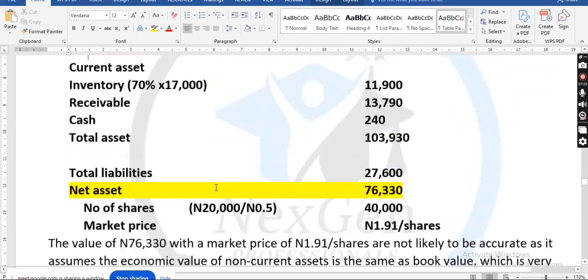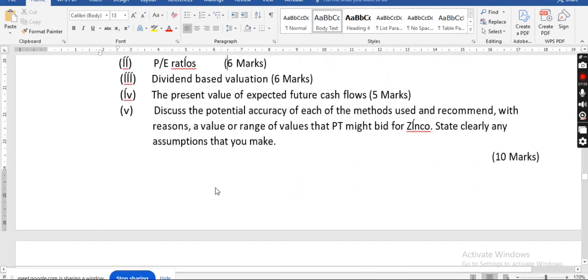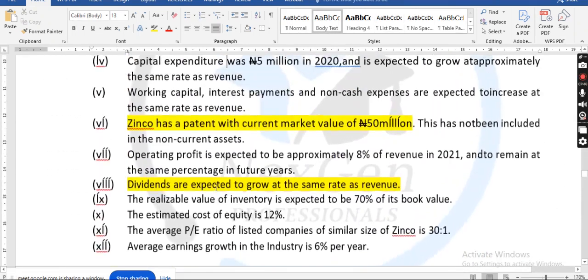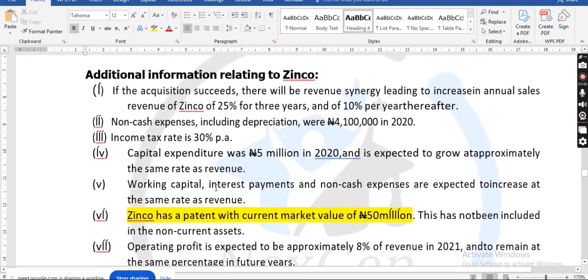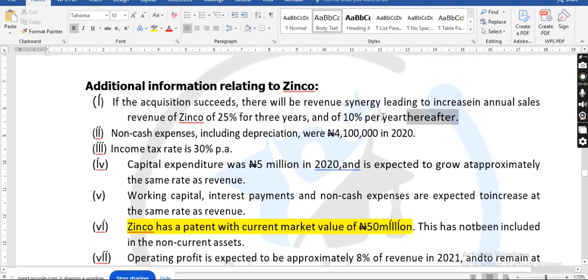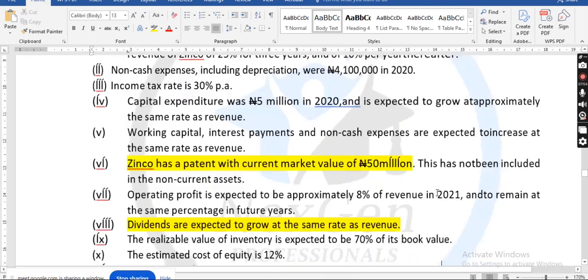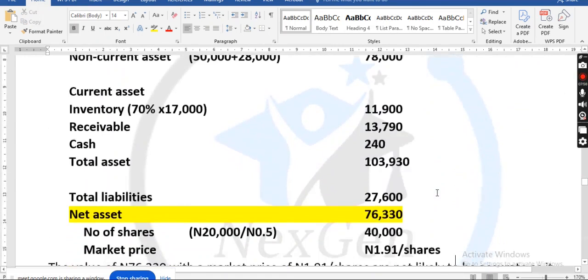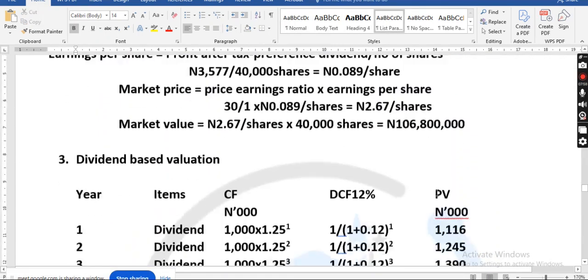Let's quickly go back and check what the growth rate is. 10%. That is 1.1, right? Yes, sir. 1.1. So we can have this as 1.1 coming.